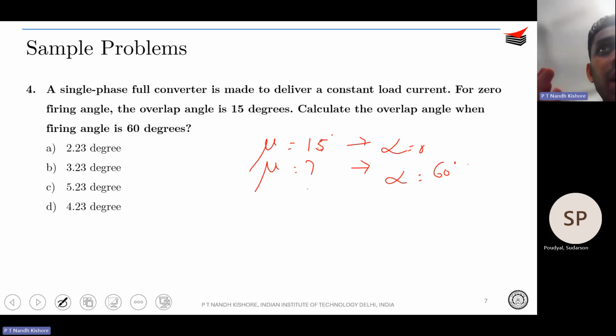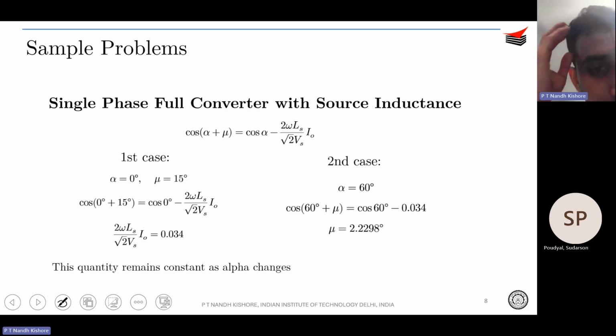So you need to relate your alpha, or your angle, with the source inductance. So you know this particular relation: cos of alpha plus nu, that's the firing angle plus the overlap angle, is given by cos alpha minus 2 omega Ls by root 2 Vs into I naught. Correct? So you just plug in your values of alpha and nu, and you can just get the value of nu, right?